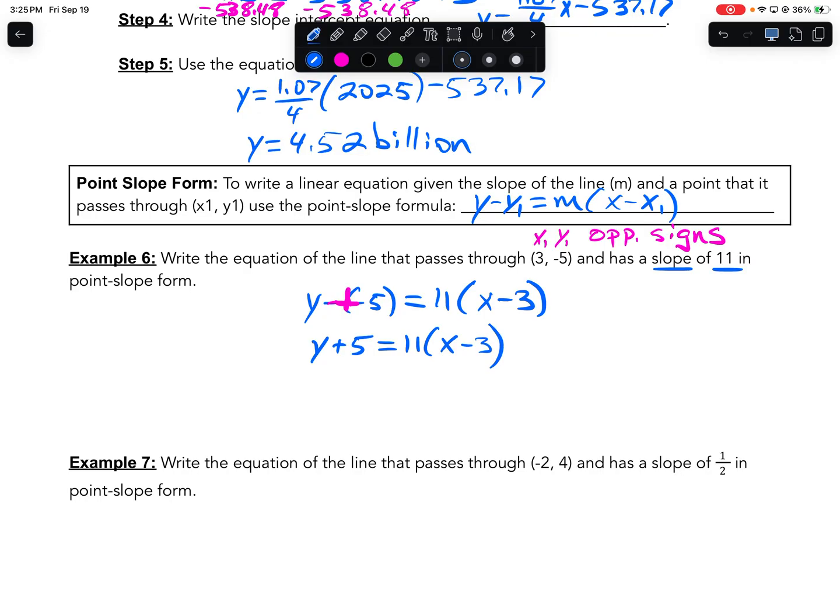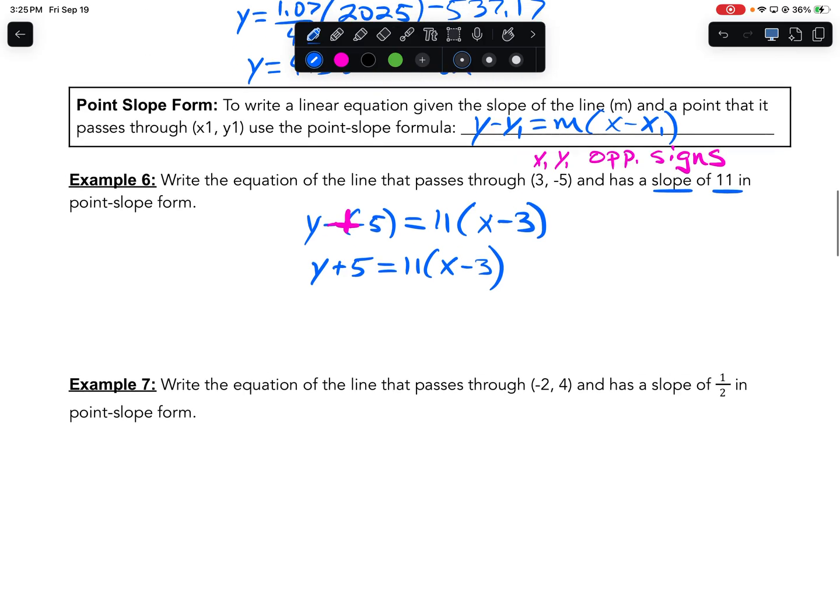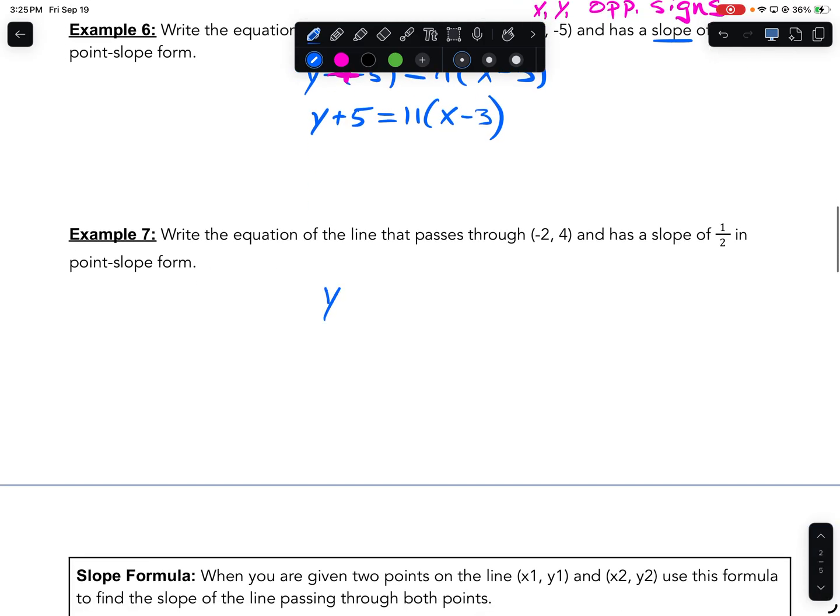Try to do example 7 on your own. I'm going to freeze the screen. Just plug in using opposite signs. Super easy. You can double check, or if you're struggling, look up there and it's up there.